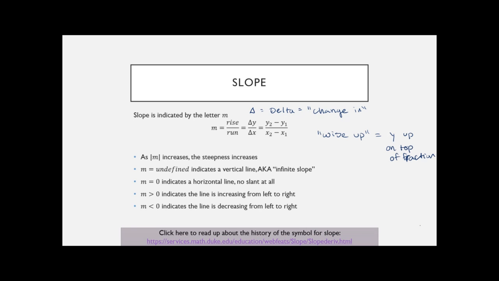It's also good for graphing to remember that y is the up and down on a graph. So we have this formula to determine slope, and we use the letter m. And the absolute value, if you ignore the sign, is a big number, it gets more steep. The steepness increases.